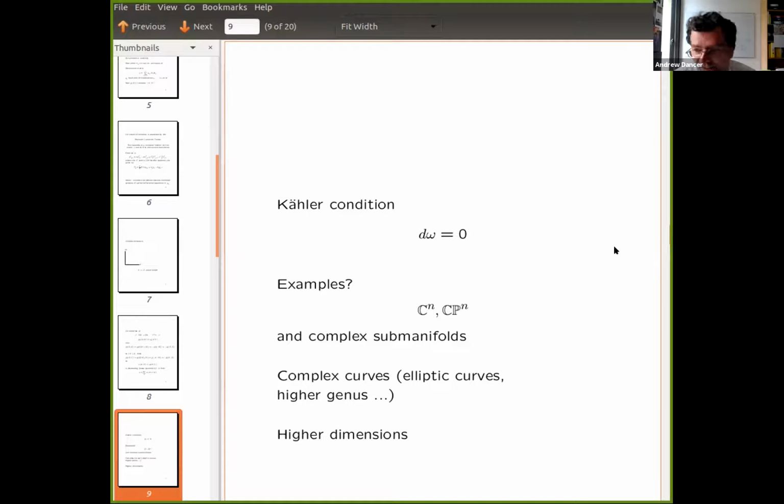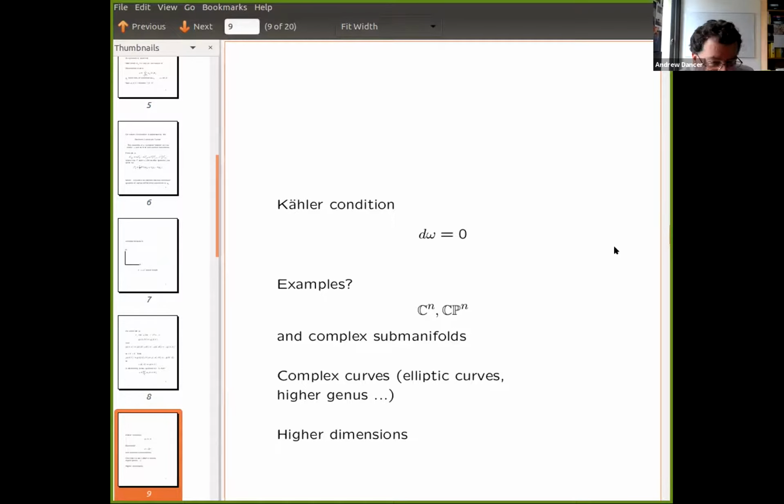So any nice submanifold defined by holomorphic equations. In particular, some familiar geometric objects: Riemann surfaces, elliptic curves, their higher genus variants, higher dimensional things, nice things like complex surfaces, K3 or Enriques surfaces, rational surfaces, and so on.